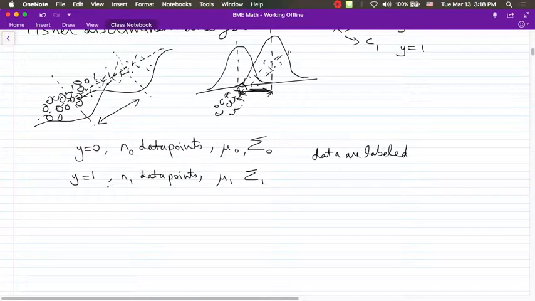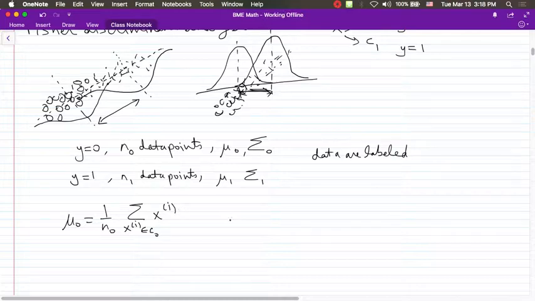All right. So, obviously the mean, mu0, is 1 over n0 times the sum over xi belonging to class 0 of xi. That's the data points that you have.